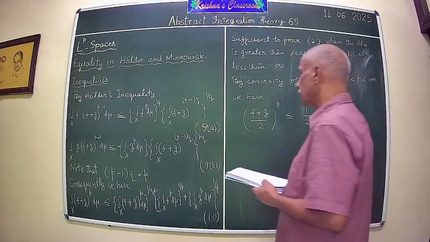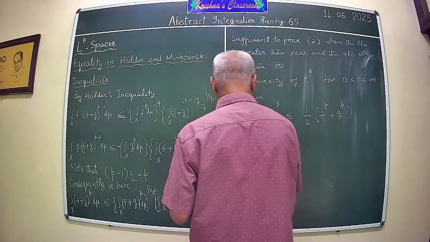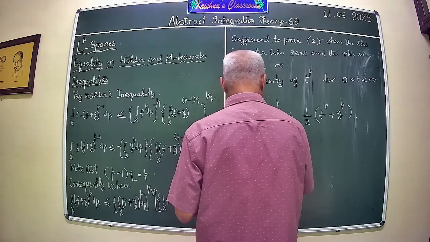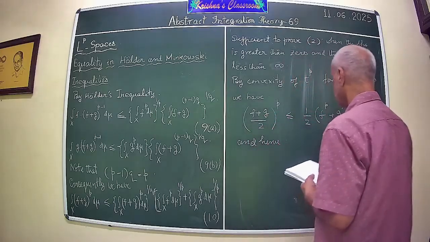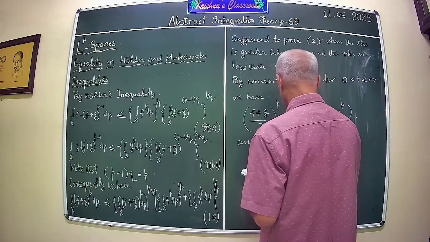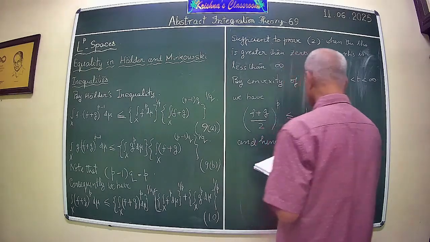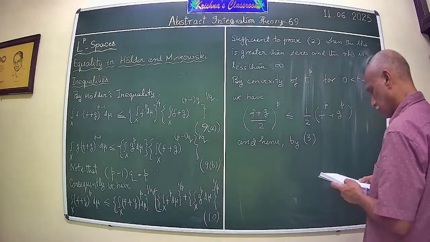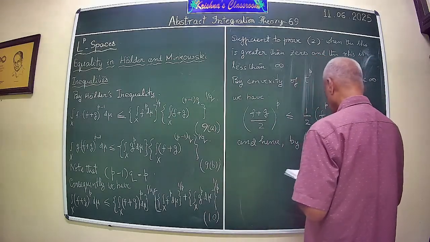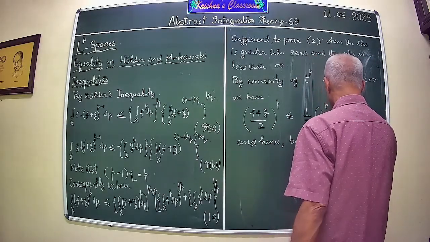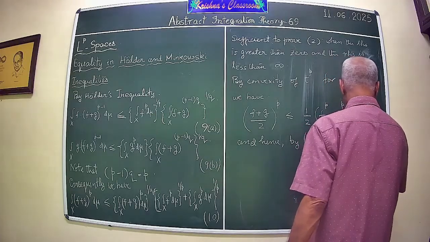This inequality is valid, and hence you see by our assumption that, and hence by 3, that is the assumption that we have made, the less than infinity.